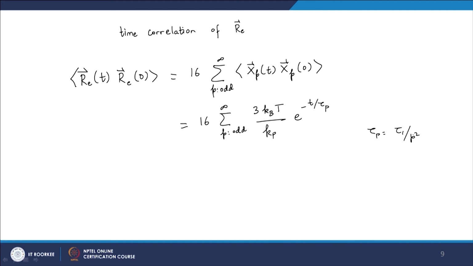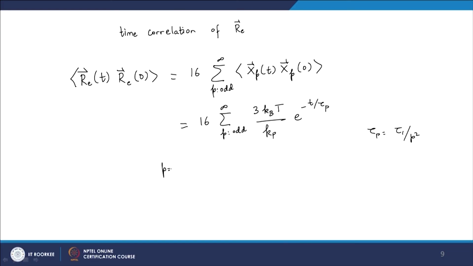Now you can notice here that only the first term will be the one that is dominant, because the exponential decreases as we go to progressively higher values of p. Let us say, for example, we go to p equal to 3, then we have exponential of minus 9 times what we had in the case of p equal to 1. So, exponential decay is very fast for higher values of p.